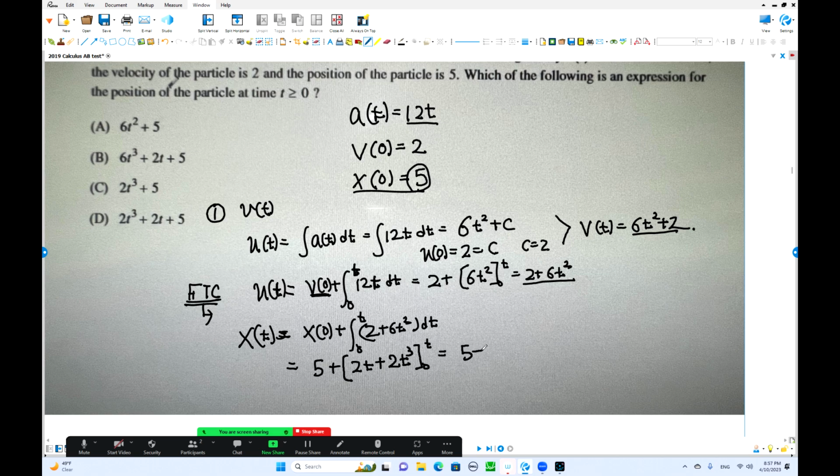So 5 plus, put this number t there, 2t plus 2t cubed. The number 0 terms are 0, so you don't need them. So the answer, in standard form, is 2t cubed plus 2t plus 5. That is x of t.